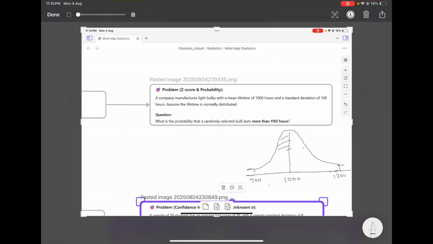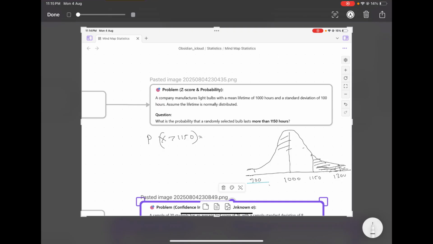So we need to find the probability that a randomly selected bulb lasts more than 1150 hours. It will be somewhere here, at 1150 hours. It corresponds to the probability of this curve from here. So P of x greater than 1150 corresponds to this area.